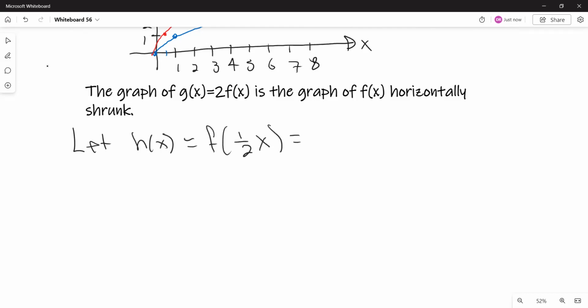So that is going to be the square root of 1/2 x. Or you can write this in different ways. You can also write this as the square root of x over 2. So again, that's an example.